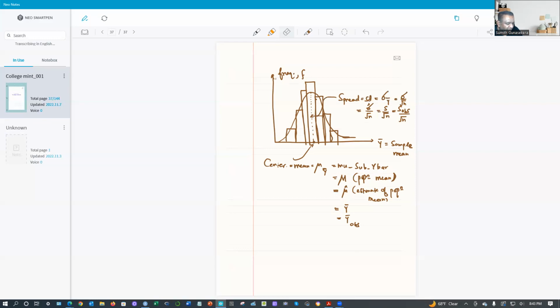Theoretically, or abstractly, the center of the sampling distribution should be mu sub y bar, which theoretically should be the population mean.